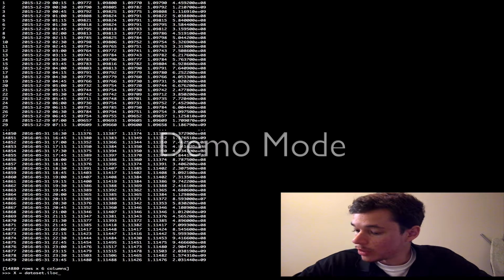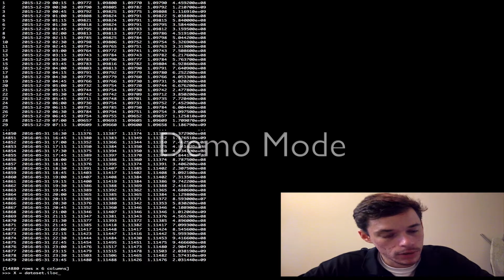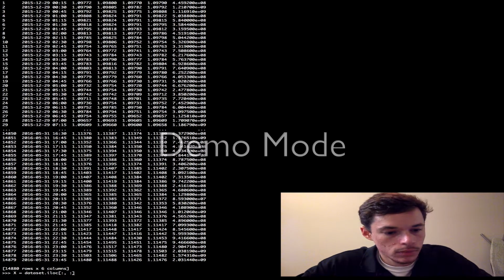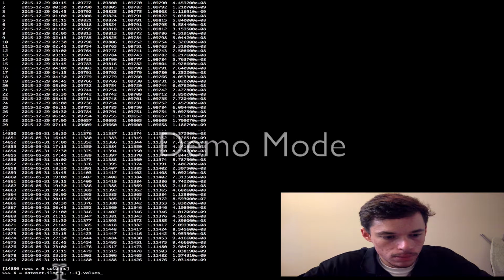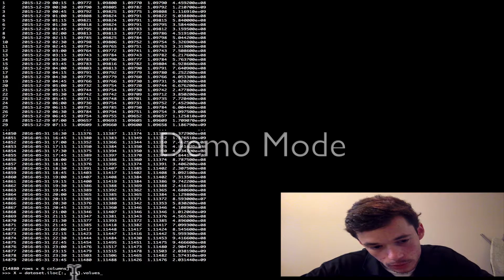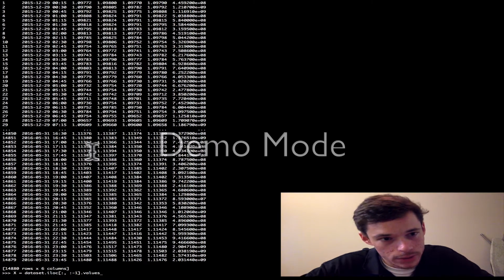And what we're going to do right now is we're going to separate. Here, I'll show you. So right here, dataset.iloc brackets colon, comma, colon, -1 values. What iloc does is it parses out or separates the matrix or the dataset.